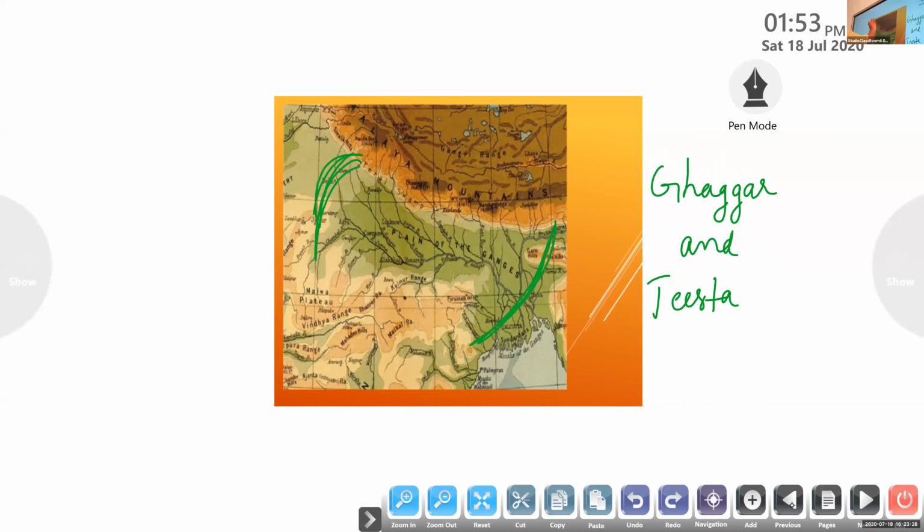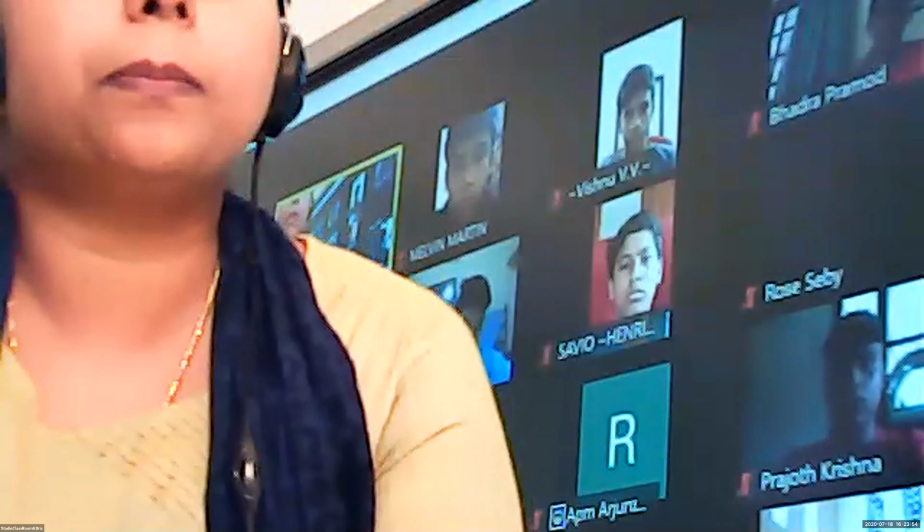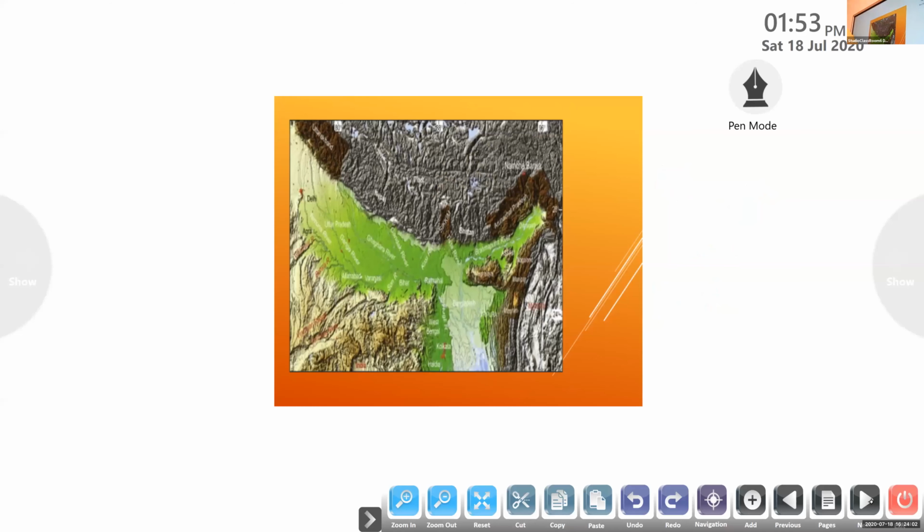This Ganga plain lies between river Ghaggar and Teesta. It extended to the states of Haryana, Delhi, Uttar Pradesh, Bihar, Jharkhand and West Bengal. And the third one is Brahmaputra plain. Brahmaputra plain lies in Assam, this part.